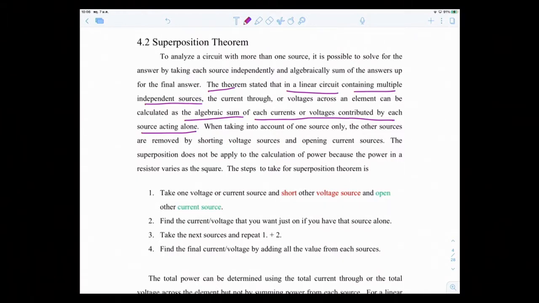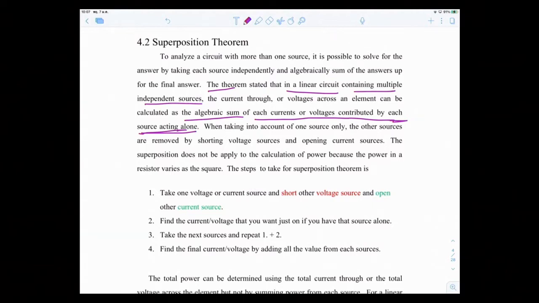Then get the answer and keep it. Then you go to the second source, turn off the other 2, and find your answer. Go to the third source alone, turn off the other 2 again, and find the answer. At the end you add all 3 answers up, and that's your final answer for the problem. So you solve the problem by each source acting alone and then add them together.